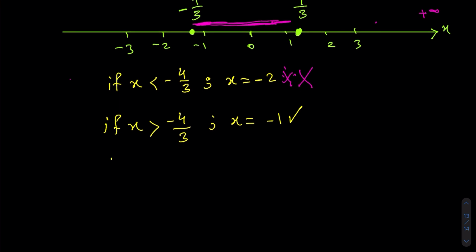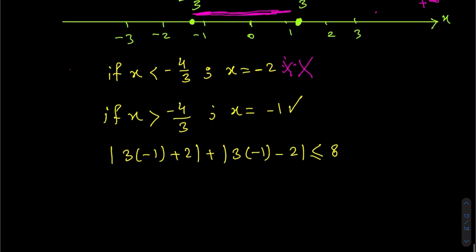So the original equation will be the absolute value of 3 times -1 plus 2, plus the absolute value of 3 times -1 minus 2, must be less than or equal to 8.